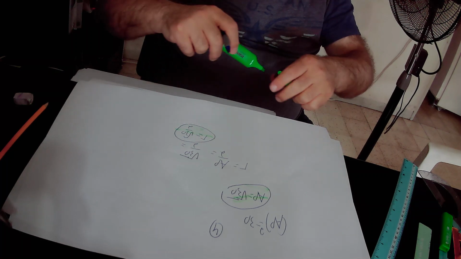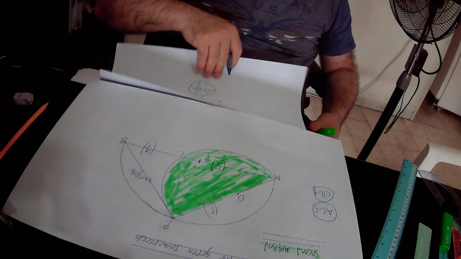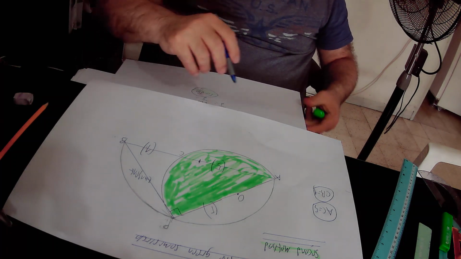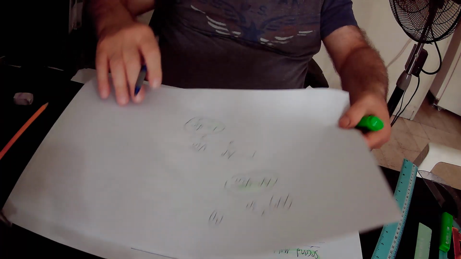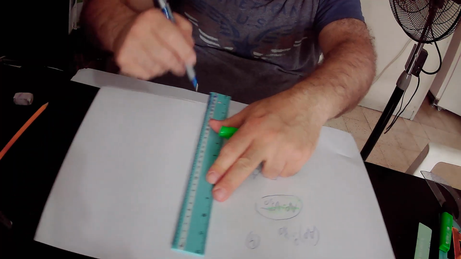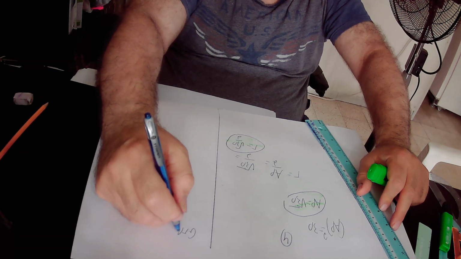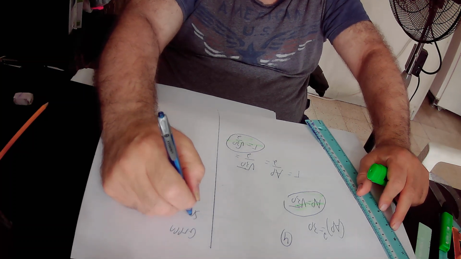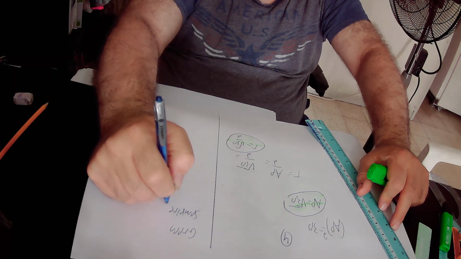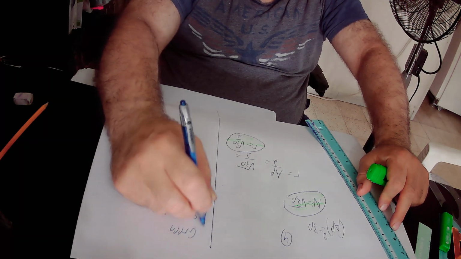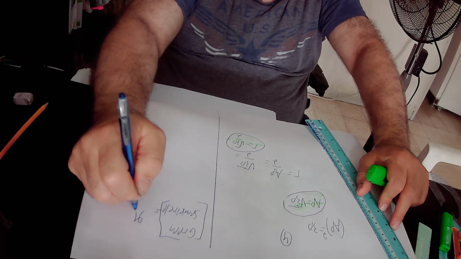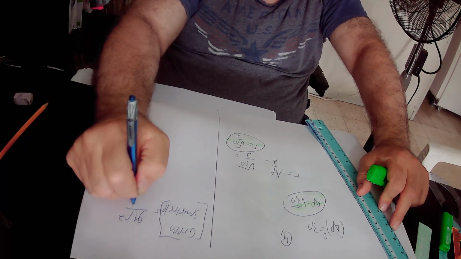And we know that the area of this green semicircle equals the area of the circle over 2. So the area of the green semicircle in total will be equal to pi r squared, that is the area of the circle, over 2.